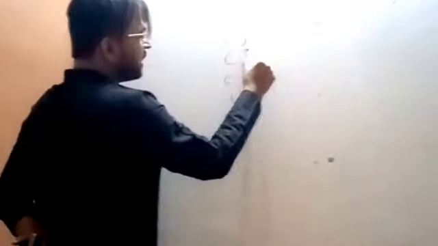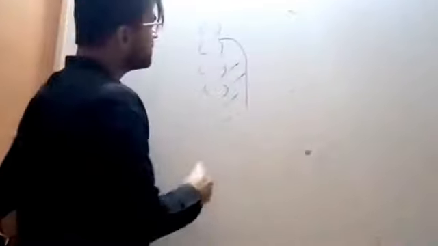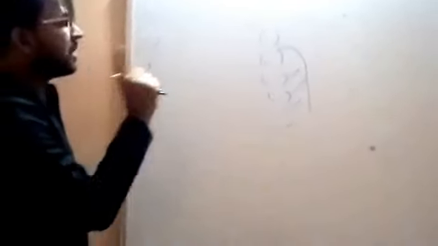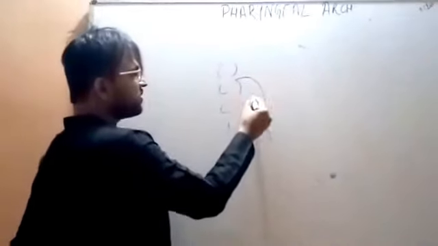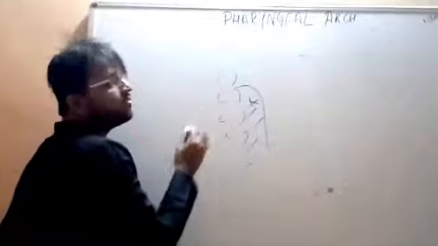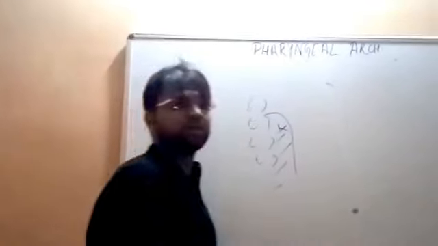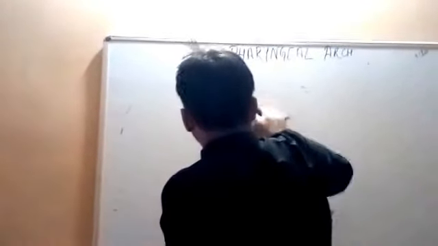When this pharyngeal arch is overgrowing and obliterating these bulges, then your neck structure gets smoothened. And we can't see this bulge in our neck. Suppose this was not happening, then we would have a hump in our neck. So this is a good thing which is happening in our human body.